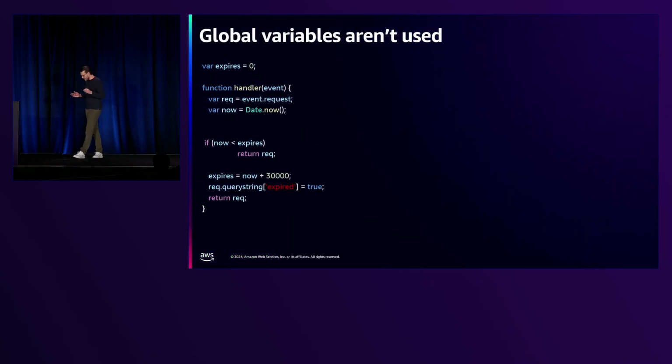So a couple of best practices here. The first one is a kind of a stylistic difference between functions and Lambda at edge. Lambda global variables are wonderful. You should use them. On CloudFront Functions, they don't work. And so what a global variable is, it's really just a variable that you set outside the context of your event handler.